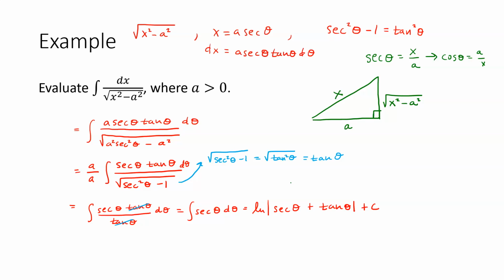And then for secant theta, we'll have just x over a. And for tangent theta, that's going to be the opposite over adjacent here, so the square root of x squared minus a squared over a.